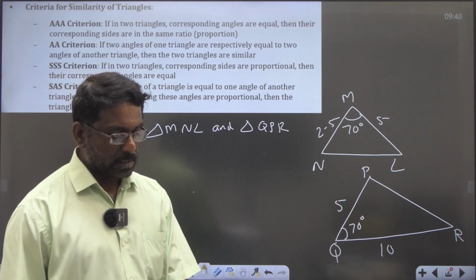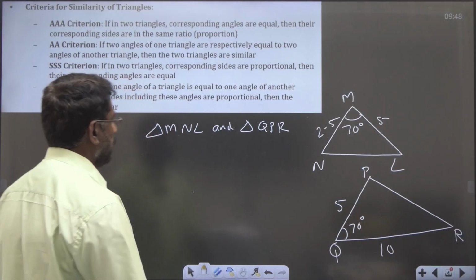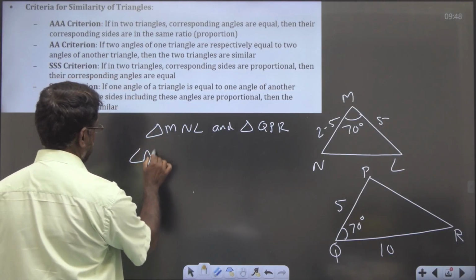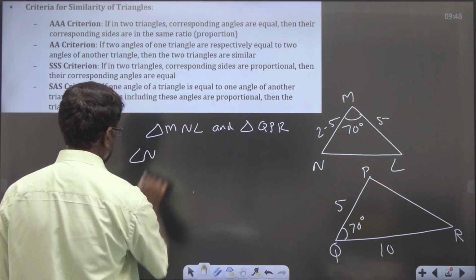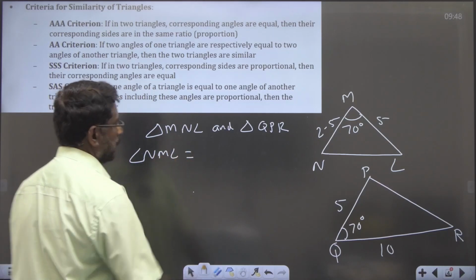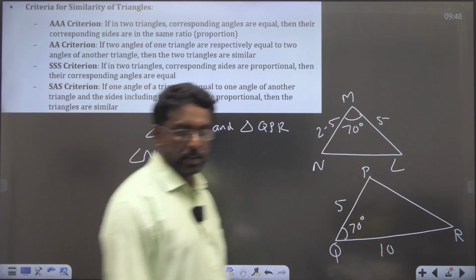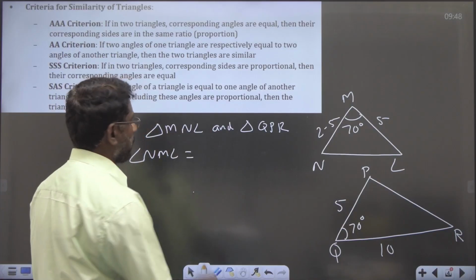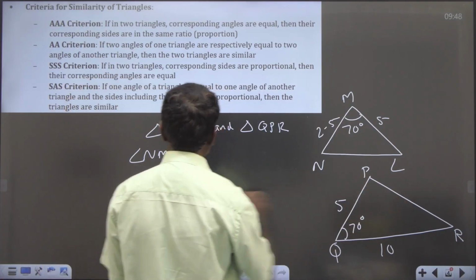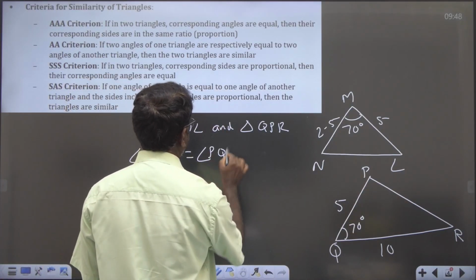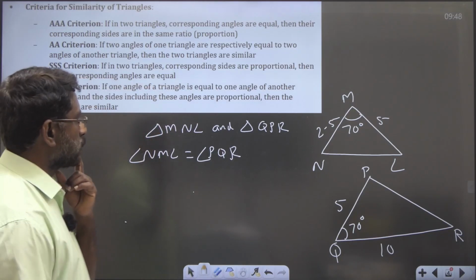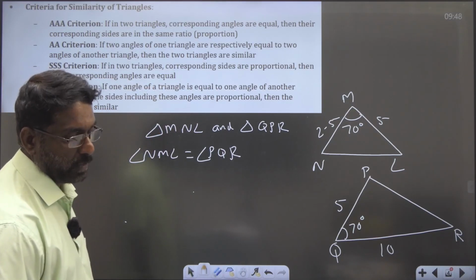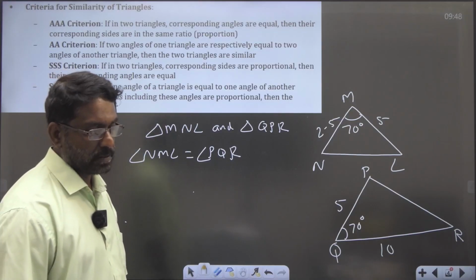From the triangle, it is very clear that angle NML is equal to angle PQR. What about its sides? Two sides are given.